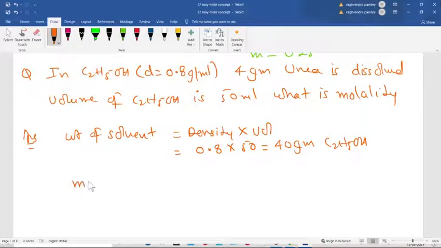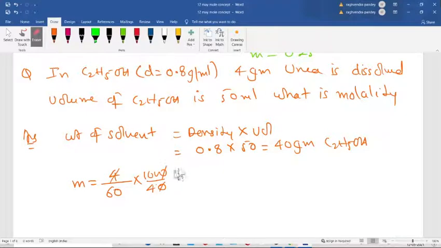So molality is equal to 4 gram urea, that is the weight, divided by the molecular weight of urea, which is 60, into 1000 divided by the 40 gram ethanol. So this cancels out, then you can calculate. The zeros cancel, and that will be 10 by 6. So it will be 1.66.